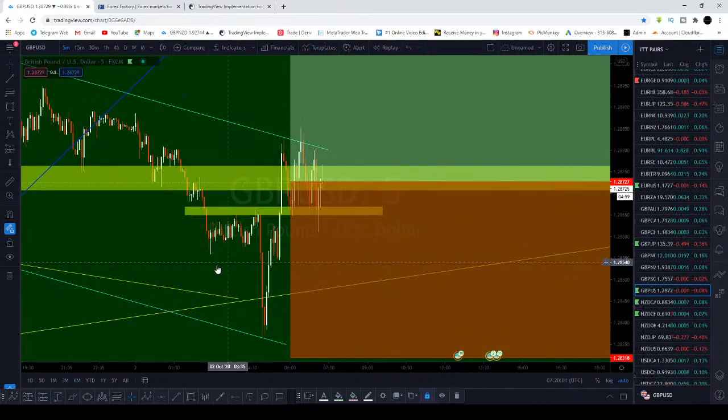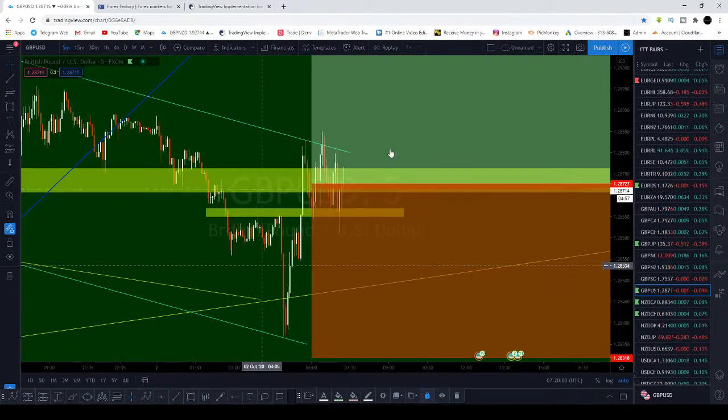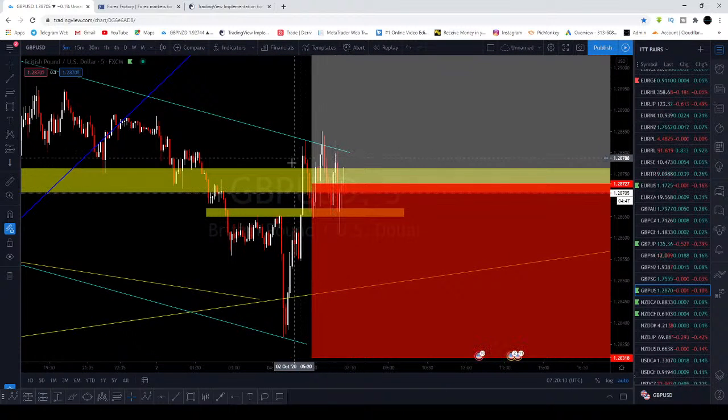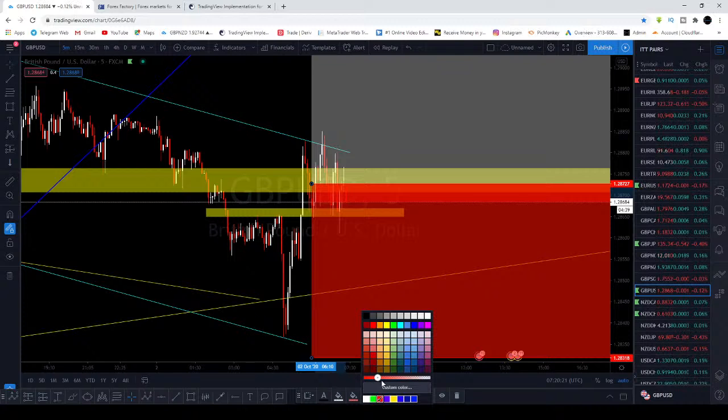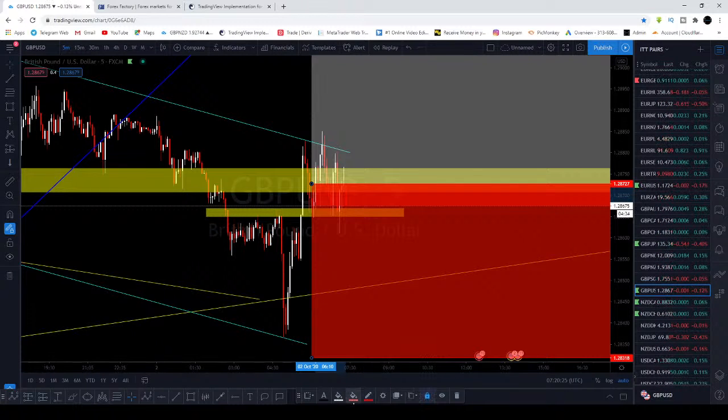Without even the breakout, I know it's going to go for a buy, because of my support level right here. So let me close that so you can see what's going on. Let me just try and reduce this so that you can be seeing.